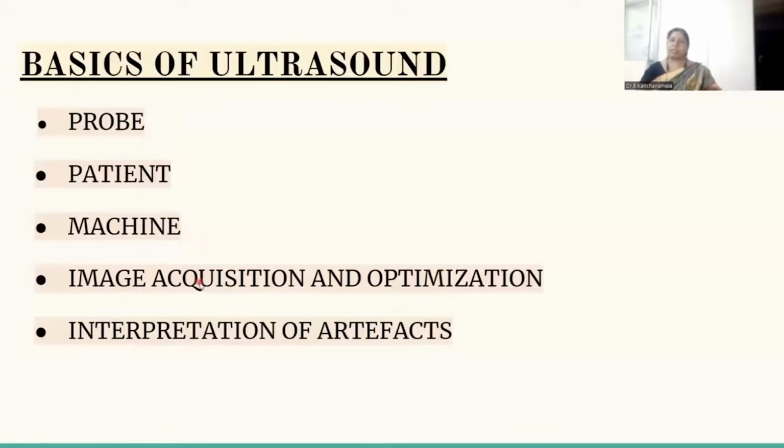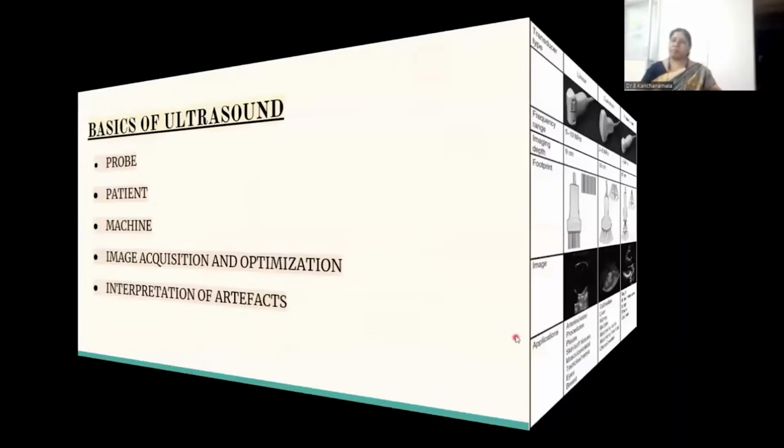Three things are important for image acquisition and optimization: the gain, the depth adjustment, and the brightness adjustment. Interpretation of artifacts is also important, as there can be reverberation artifact or mirror imaging that can interfere with our interpretation of the images.